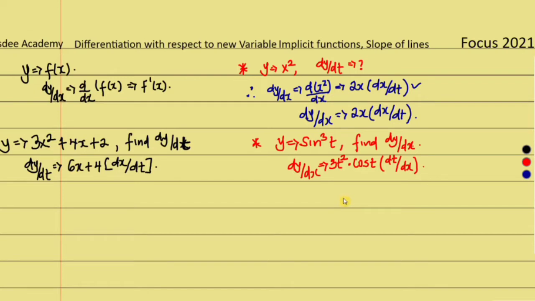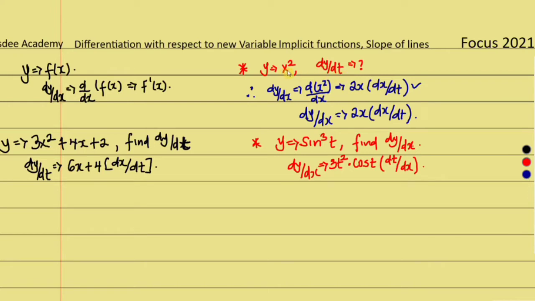Please don't make mistakes. Be very careful when you are dealing with stuff like this, and make sure you understand it very well. So always keep that in mind. Whenever you have a function with a new variable and you are differentiating with the new variable, just differentiate the given function, then multiply it by the old function in terms of x, divided by the function you are going to. You can see I'm going to dy by dt.